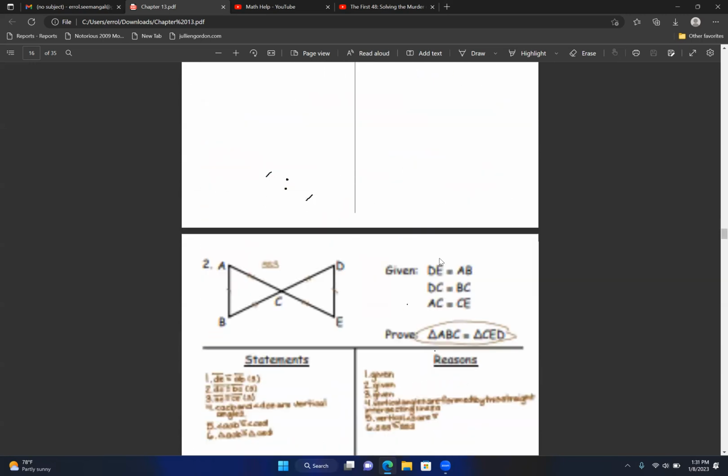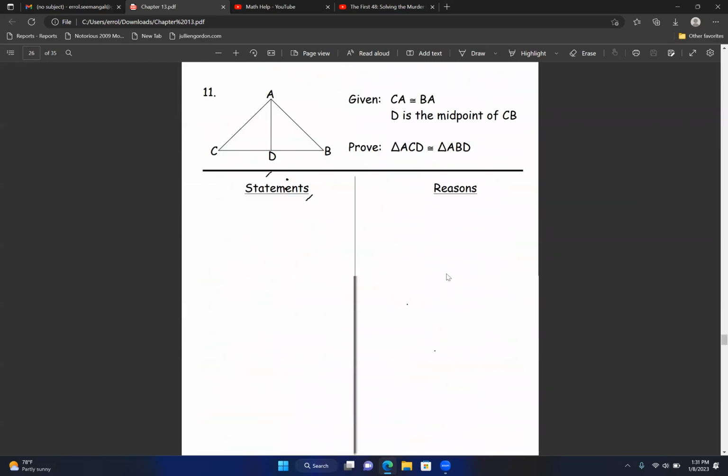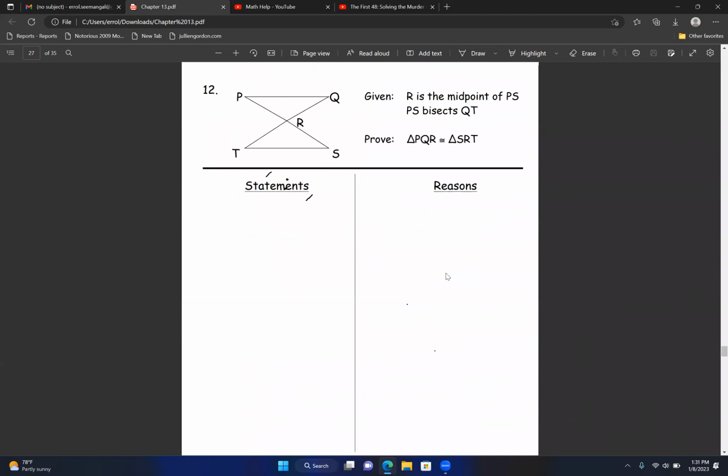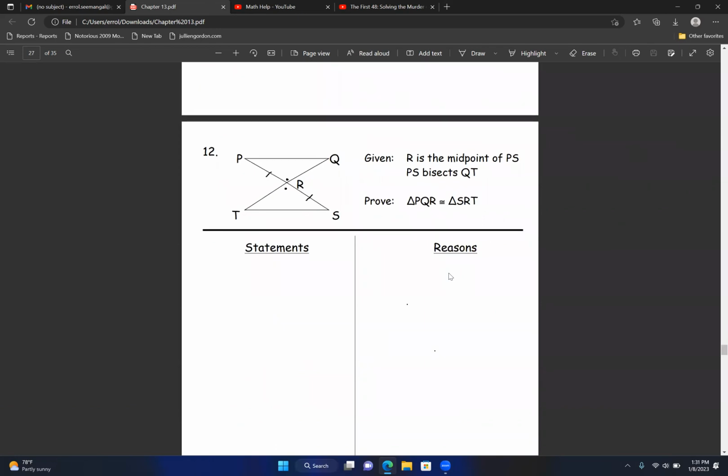Okay, so let's go back. Which one were we on? Oh yeah, 12. So which one is this going to be? We'll have side, we'll have angle.